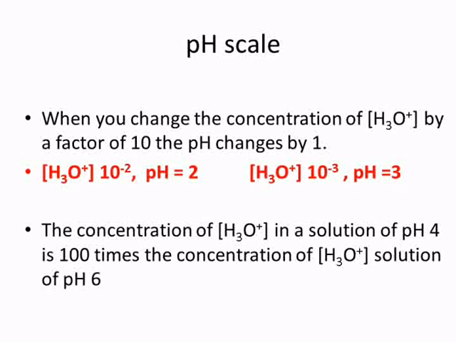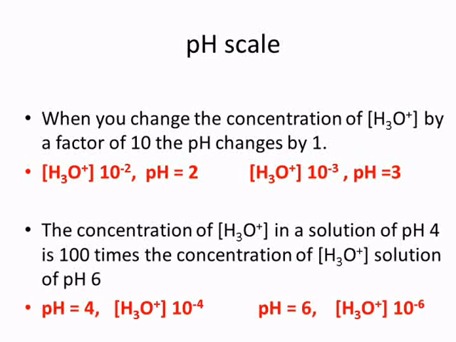Similarly, if we change the pH from 4 to 6, looking at our concentration, the pH of 4 is 10 to the minus 4, the pH of 6 is 10 to the minus 6, so the concentration of the solution is 1/100th of the concentration of the pH 4 solution.